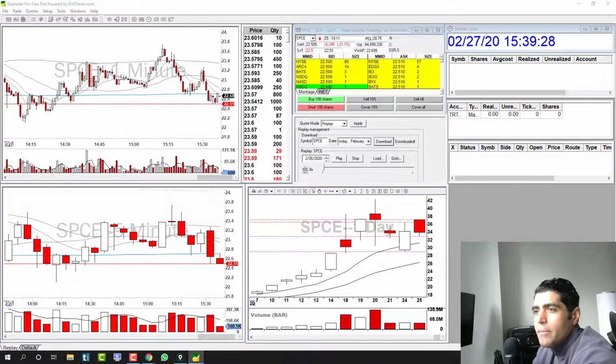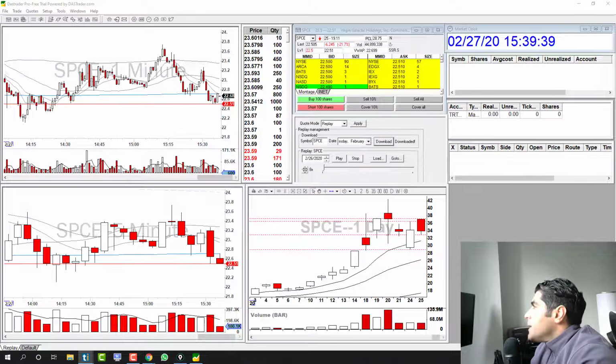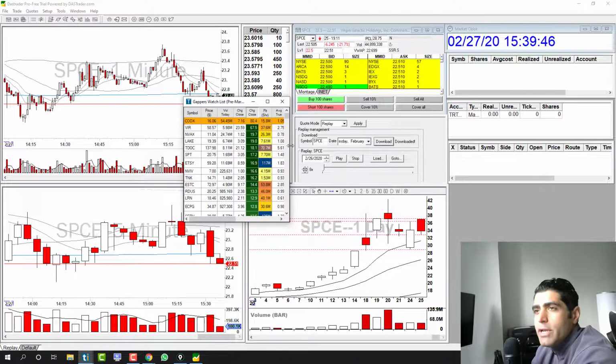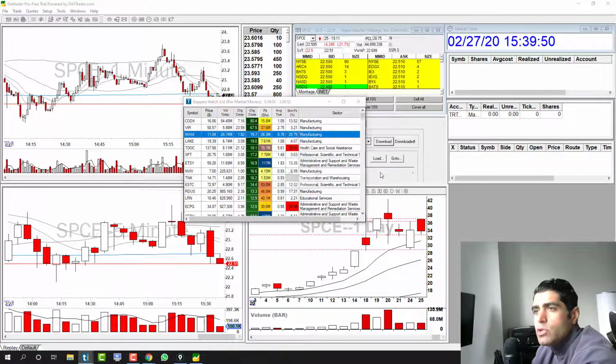Let me actually bring up Trade Ideas and see the gappers on the 26th. Was it on the gappers or not? There is Trade Ideas, so on the gappers watch list, you can actually go into the historical date.